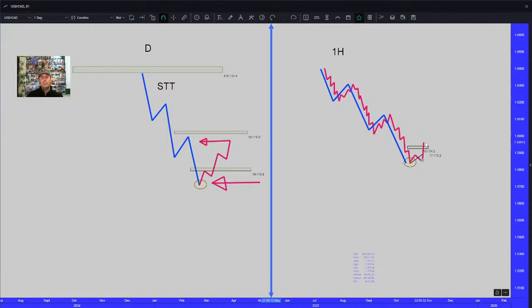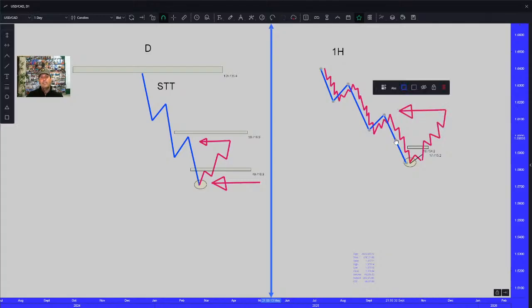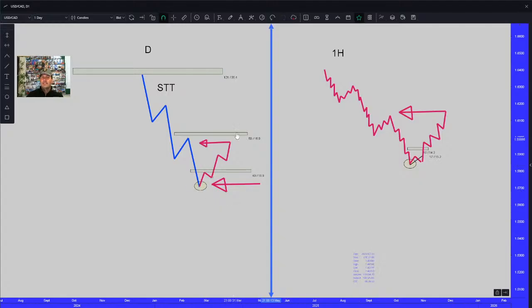If the 1 hour chart goes up and up and up and stops you out on the daily, why did this happen? It's predictable too. You might be asking, how is this predictable? Because on the daily, this is the short-term trend.